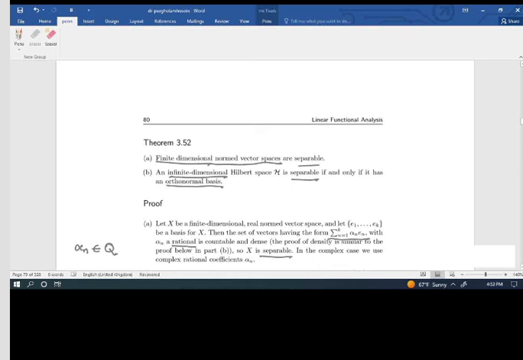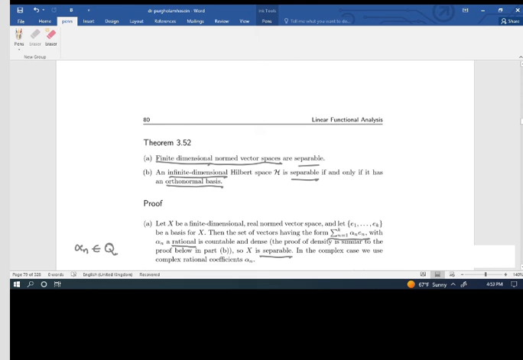Theorem: finite dimensional normed vector spaces are separable. So if a normed space or Hilbert space is finite dimensional, it is separable. An infinite dimensional Hilbert space H is separable if and only if it has an orthonormal basis.